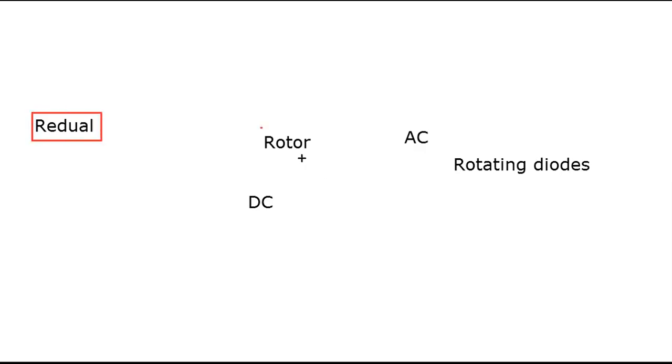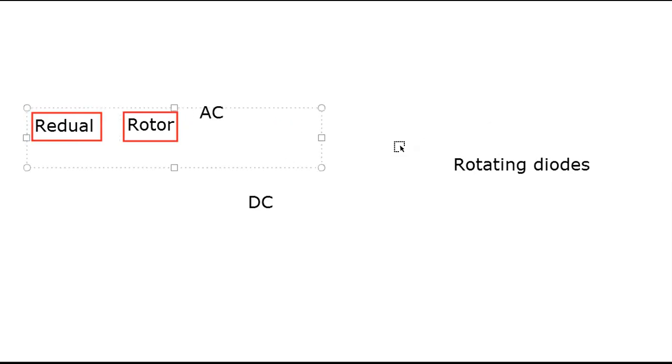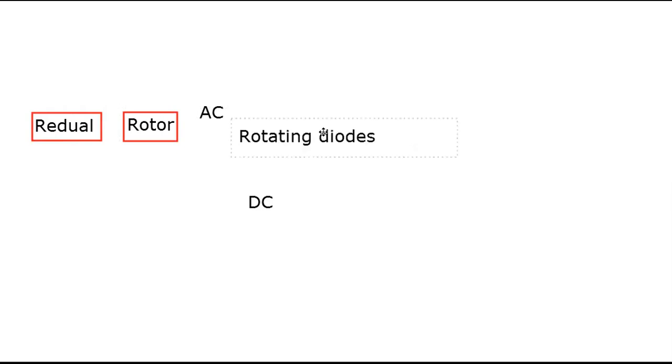When the rotor rotates across this L1, we're producing AC. This AC will be rectified by using rotating diodes. The rotating diodes will produce DC for us.